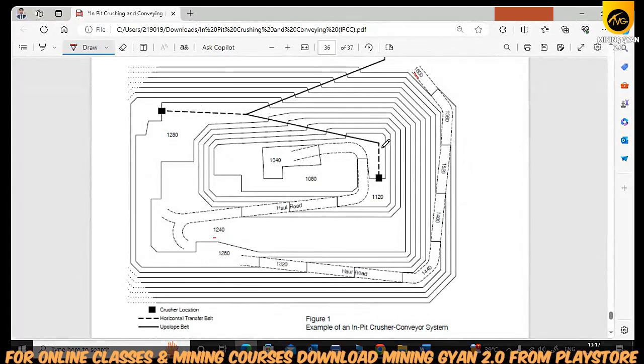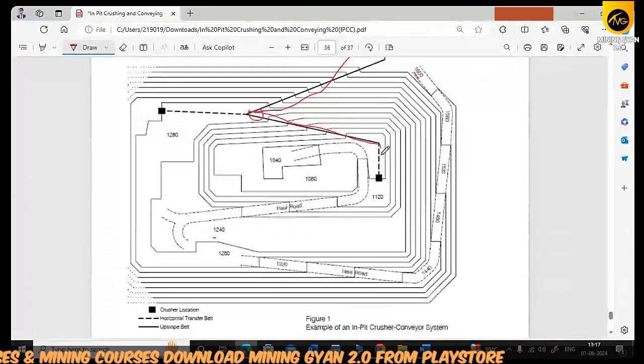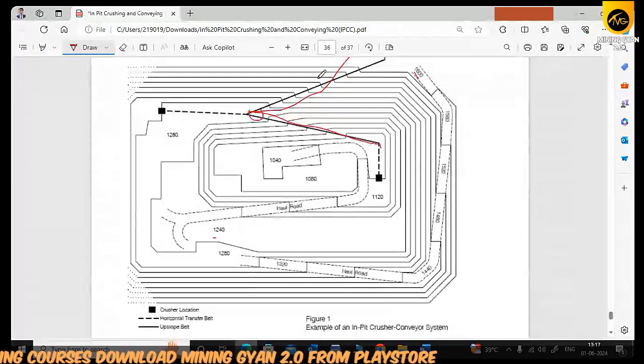This black line is an upslope belt, which means this is a main line and this is a sub line. The sub belt conveyor gives the material to the main line here, and this sub line will become the main line. By this way, these will be the transportations.